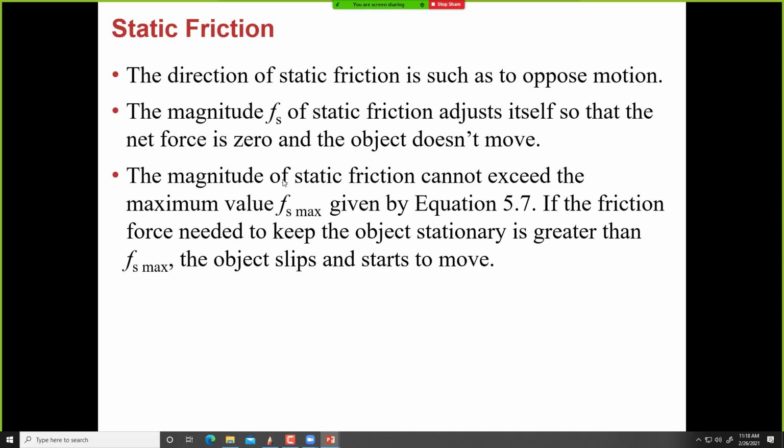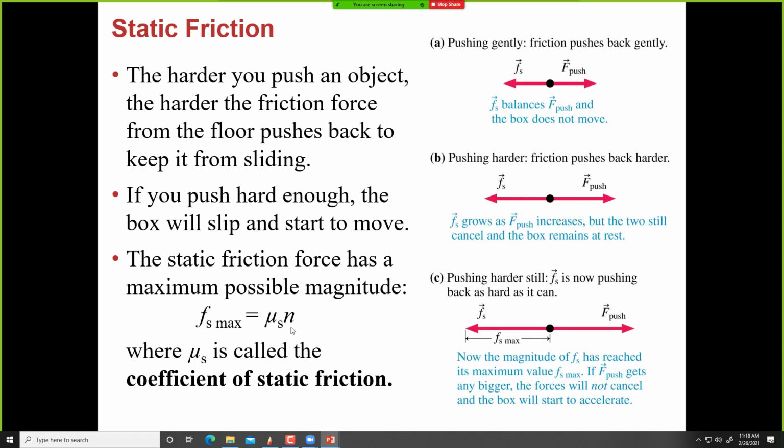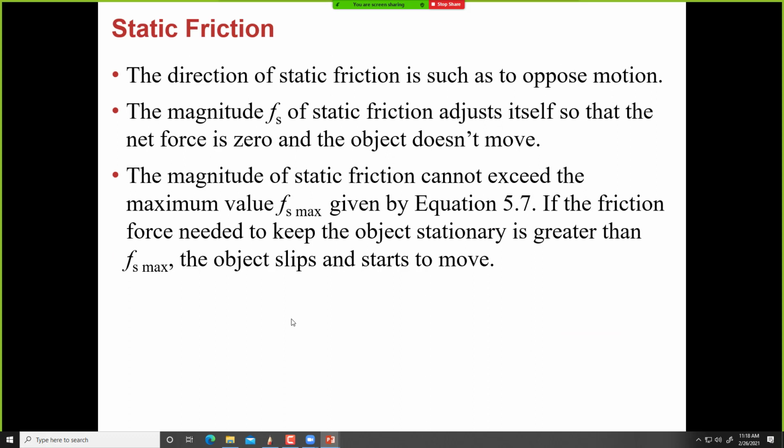And the magnitude of the static friction cannot exceed this maximum value. You can only have up to this maximum value of the static friction. And if the friction force needed to keep the object stationary is greater than this value, then the object slips and starts to move.